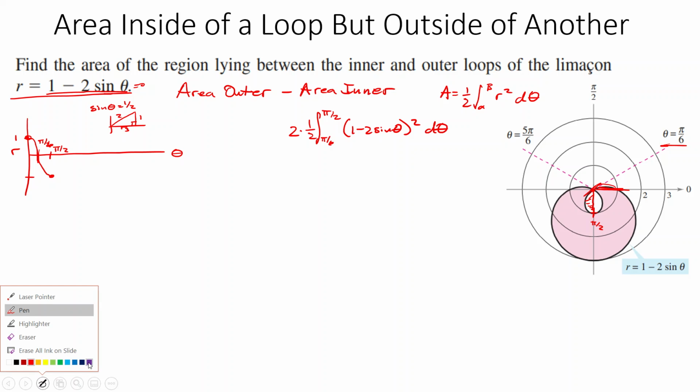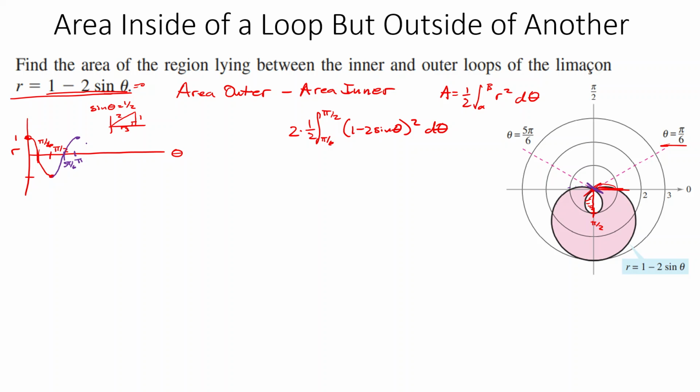Now let's try to find the outer area. If we keep going from here, when we hit 5 pi over 6, we're back to here. So we'll start doing the outer area when we hit 5 pi over 6, and that'll be right there, when we're back to 0. Then we keep going up till we hit pi, and sine of pi is 0, so it's back up at 1.